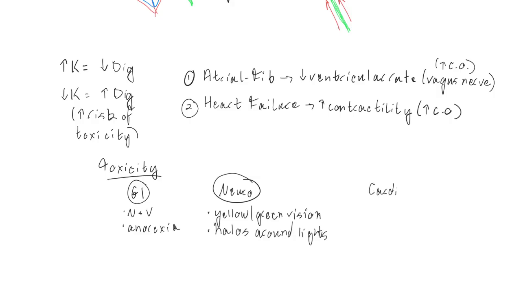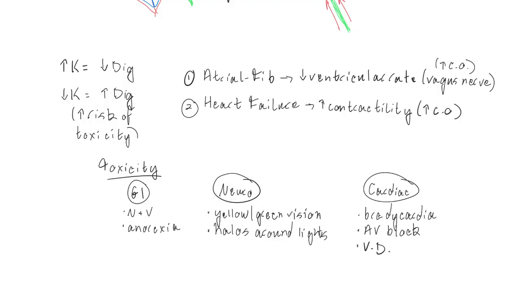And then we have the cardiac signs and symptoms. If we have too much vagal tone from all that dig binding, you're going to have bradycardia, AV block, ventricular dysrhythmia. I'll just put VD for ventricular dysrhythmia.